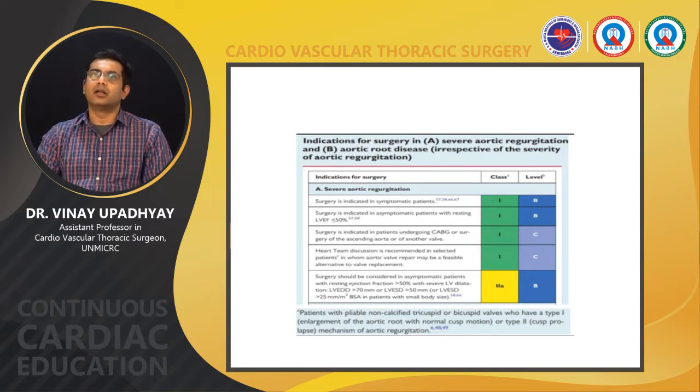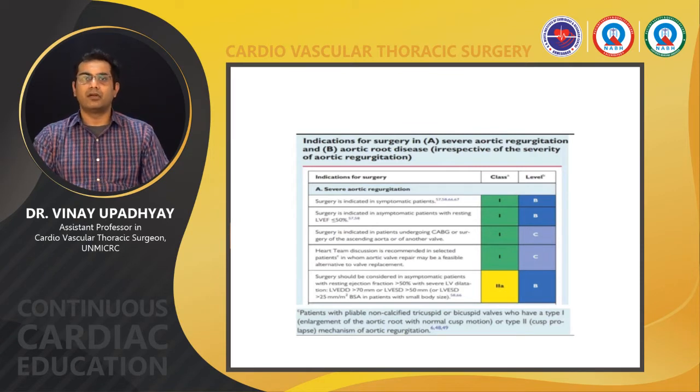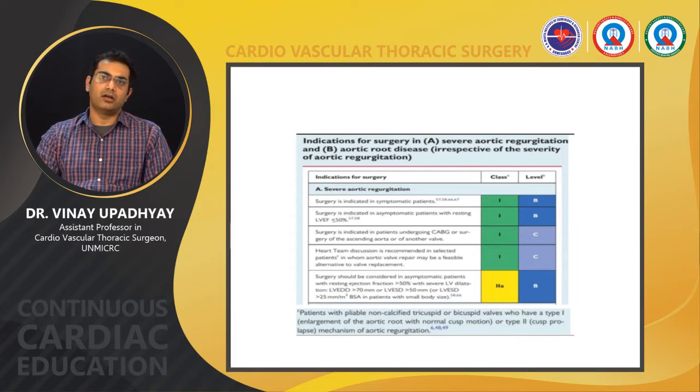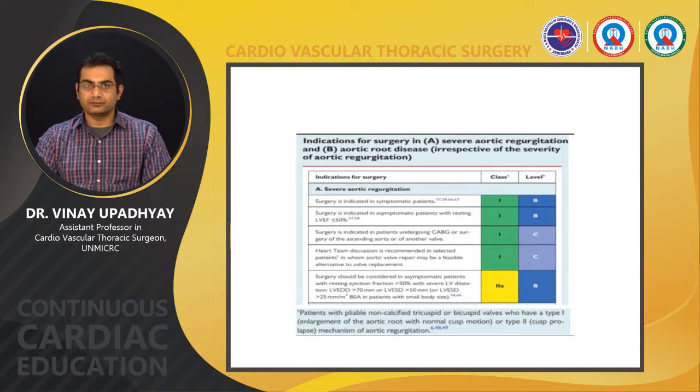For an asymptomatic patient, if left ventricular EF is less than 50%, we still plan for surgery. Surgery is indicated in patients undergoing other cardiac surgeries like CABG, ascending aorta surgery, or other valve surgery like mitral valve. If severe aortic regurgitation is present, we address it.